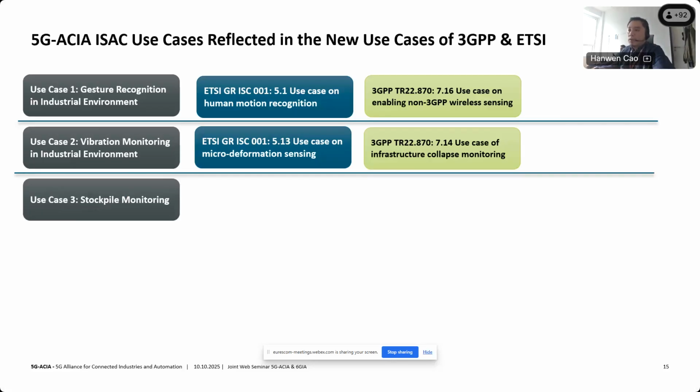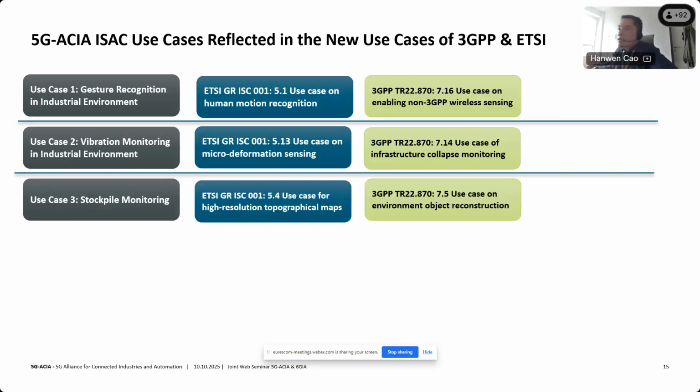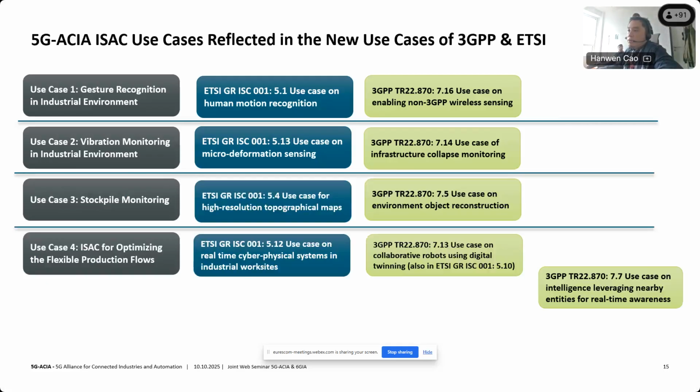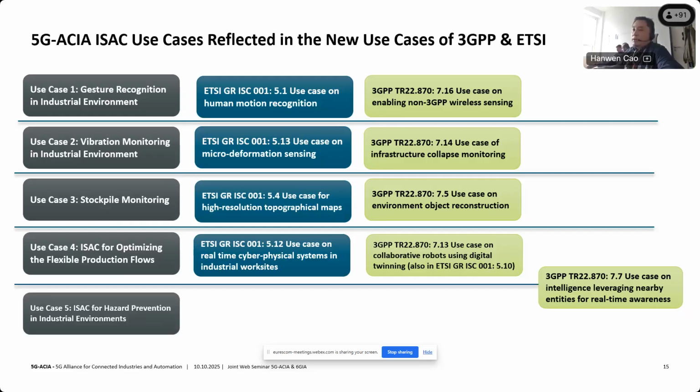Use case 3, stockpile monitoring, is also somehow integrated in the use cases for high resolution topographical mapping and environment object reconstruction from 3GPP. Flexible production flows are also somehow reflected by the ETSI use cases on real-time cyber physical systems in industrial work sites, and also two of the use cases from the 3GPP technical reports.